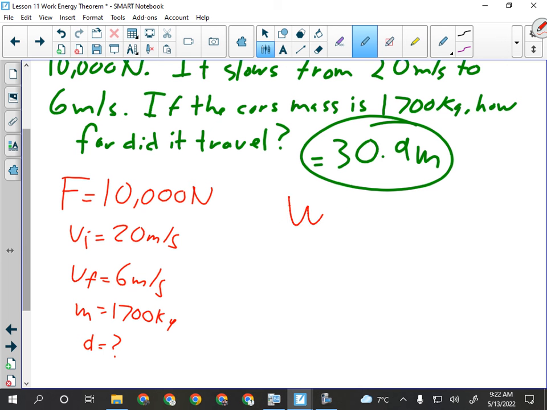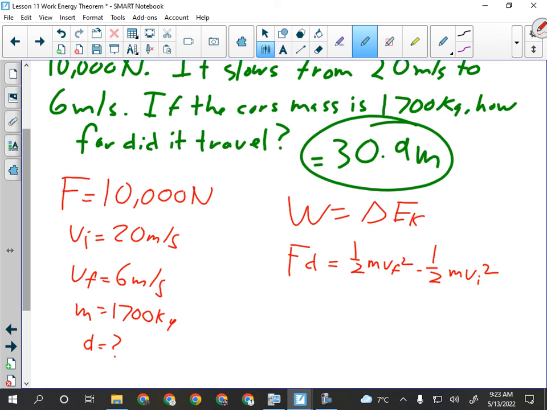Okay, so the kinetic energy is changing in this question. And so we are looking at force times distance equals 1/2 mvf squared minus 1/2 mvi squared. Now, how many people when they did this got that number, but it was negative? Okay, so that's okay.